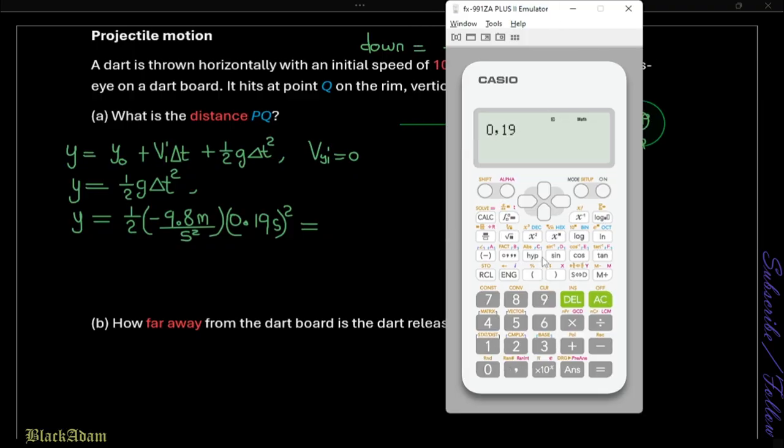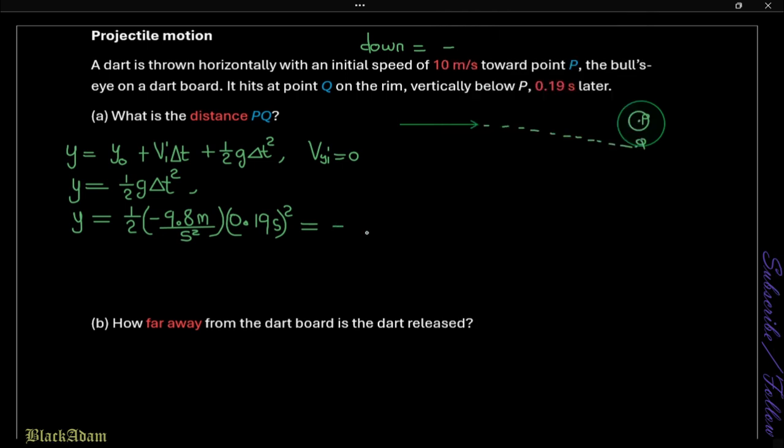Then let's calculate: 0.19 squared multiplied by negative 9.8 divided by 2 gives us negative 0.17689 meters. The units are meters per second squared multiplied by seconds squared, which gives us meters.